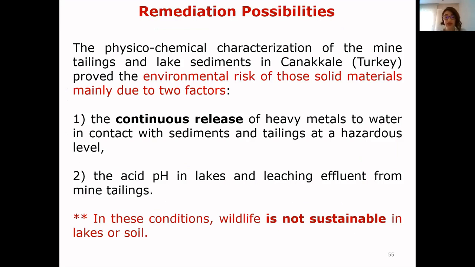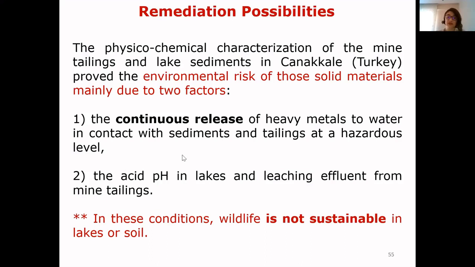Based on the results, the environmental risk of the mine tailings and lake sediments in Çanakkale is mainly due to 2 factors. One is the continuous release of heavy metals to water in contact with sediments and tailings. And the second one is the acid pH in lakes and leaching effluent from mine tailings.